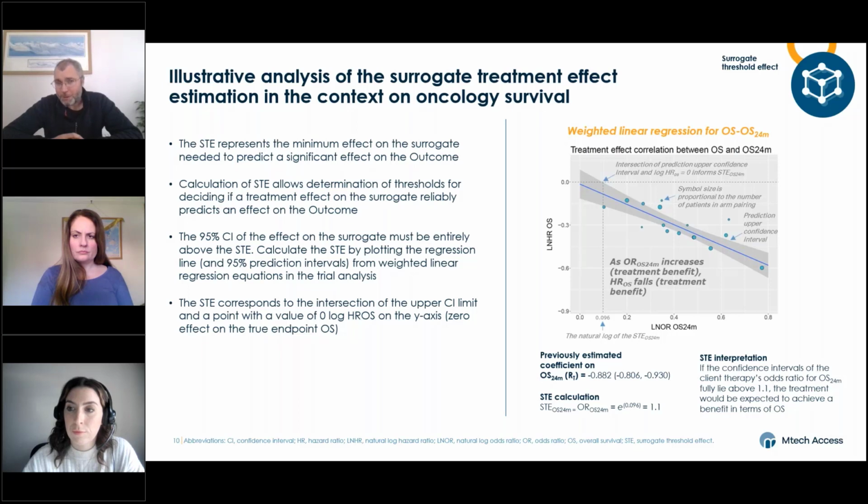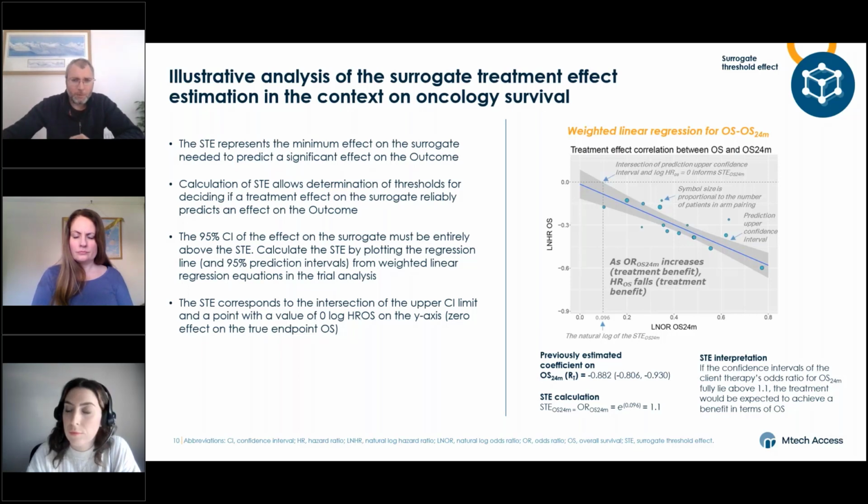And that's been iterated on thereafter and picked up by various HTA bodies, as Laura was mentioning earlier, and essentially refined on the basis of their recommendations. This is not a static topic. Anyway, at the moment, this represents essentially the gold standard in being able to predict the true endpoint value based on a validated surrogate. So there we go.